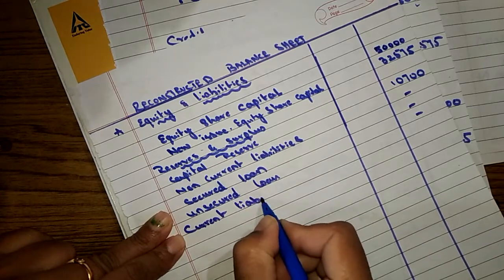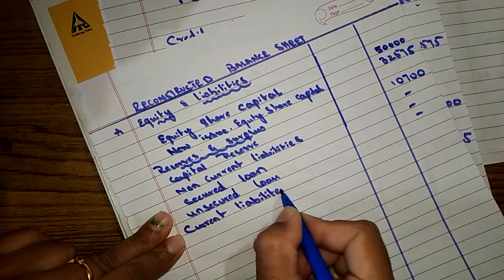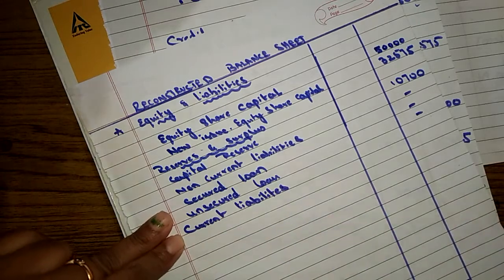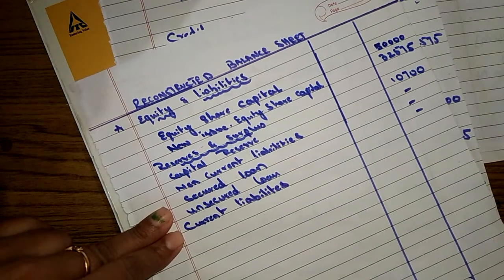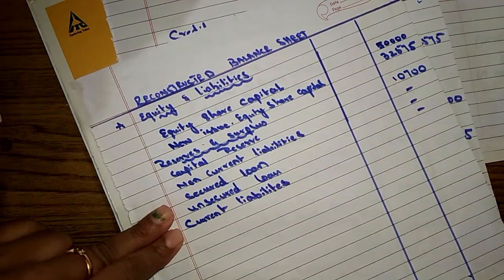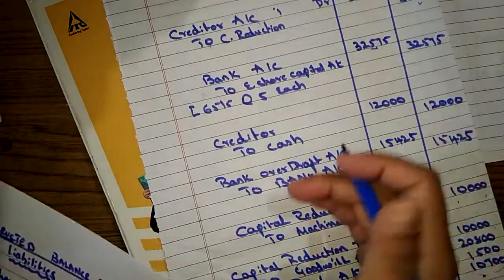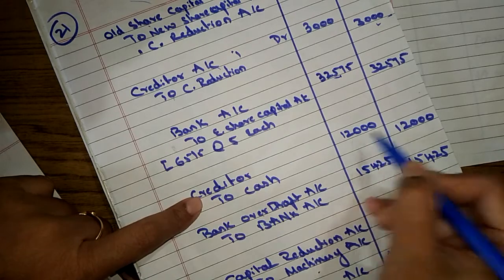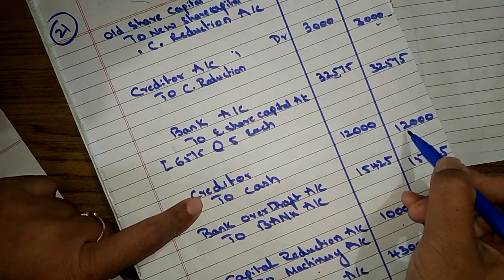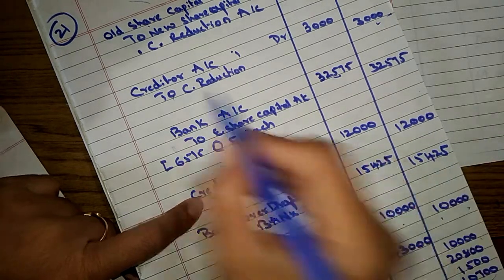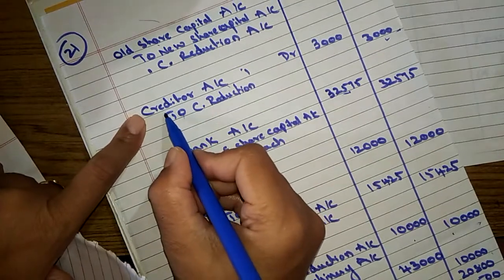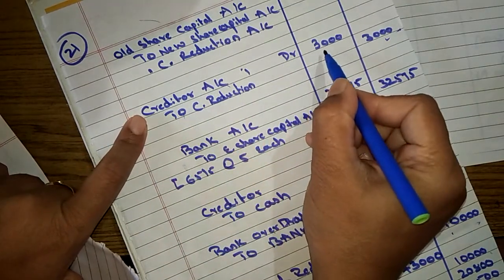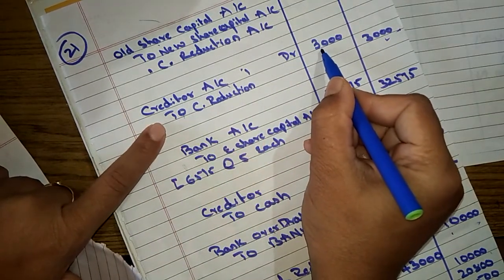And current liabilities. So before reconstruction we had bank overdraft and sundry creditors. But if you see here, the creditor agreed to reduce their claim by 3,000.